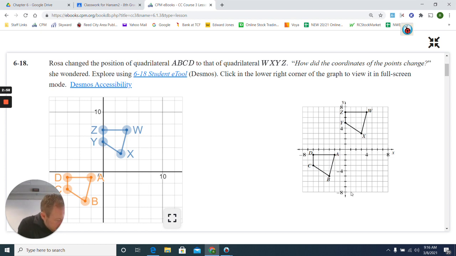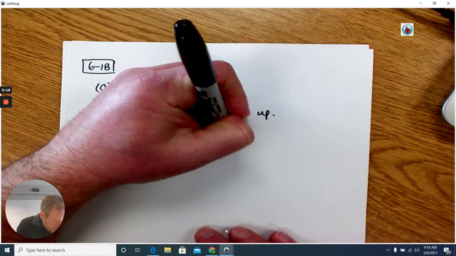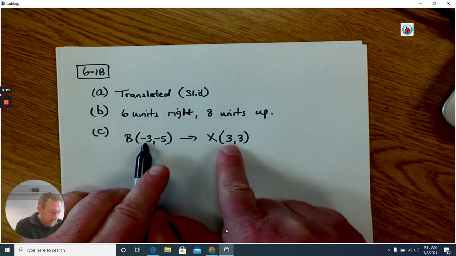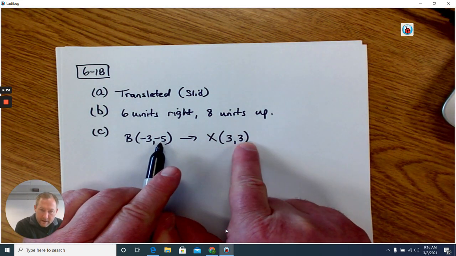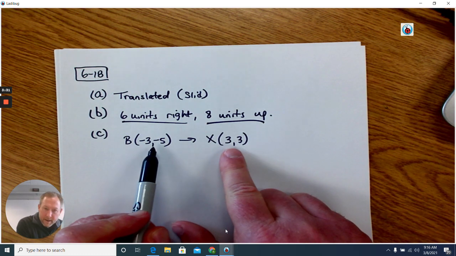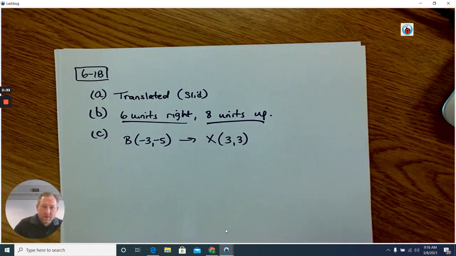So point B is negative 3, comma, negative 5, and it's moving to point X, which is 1, 2, 3, comma, 3. So negative 3 moved to 3, and negative 5 moved to 3. So if you look, a lot of that will get explained by dissecting these numbers here.